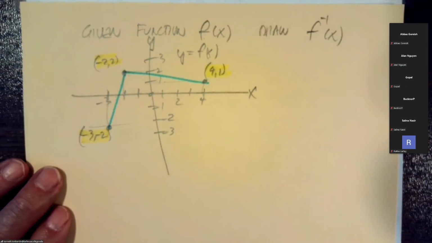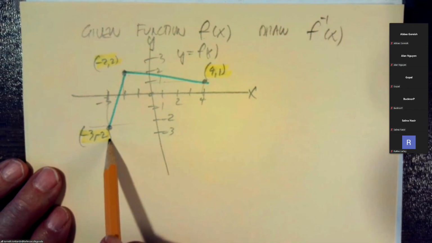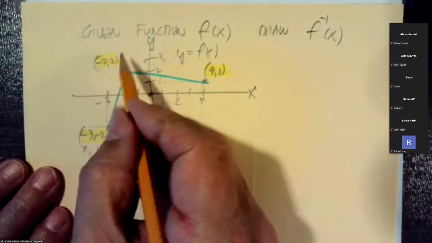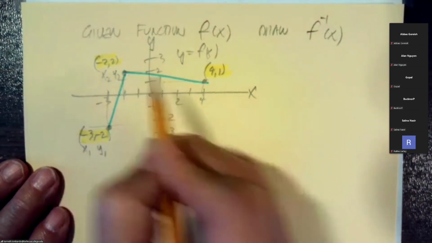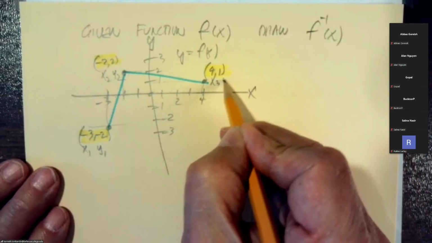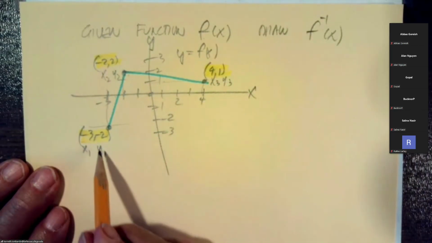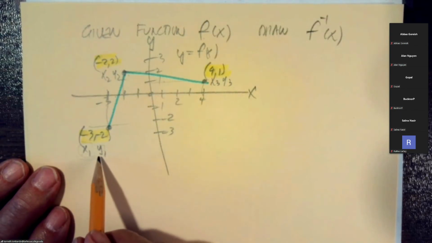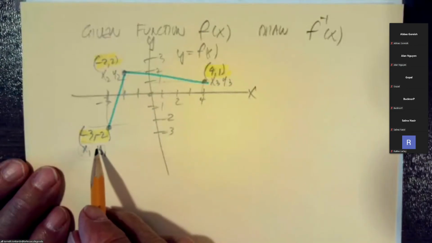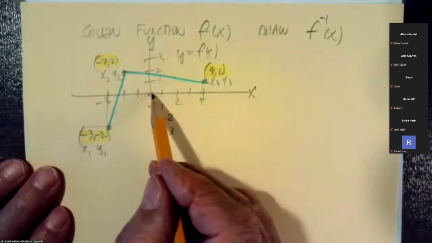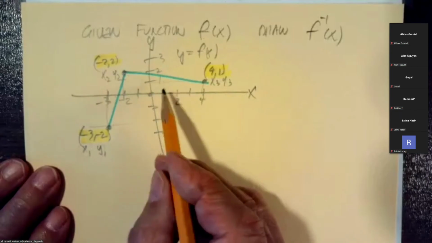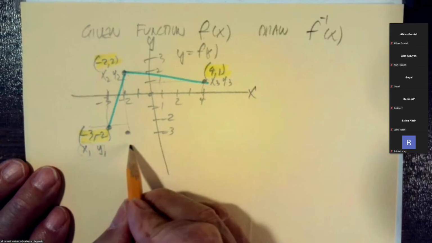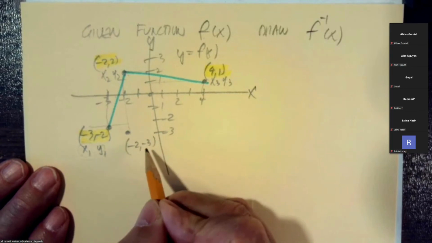Well, we're going to want to swap points. So if this is x1, y1, and this is x2, y2, and this is x3, y3, then we're going to swap these points. So we're going to say -2, -3. So -2, 1, 2, -3. So we have a point here, -2, -3.